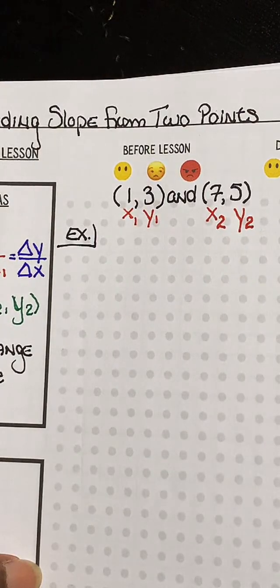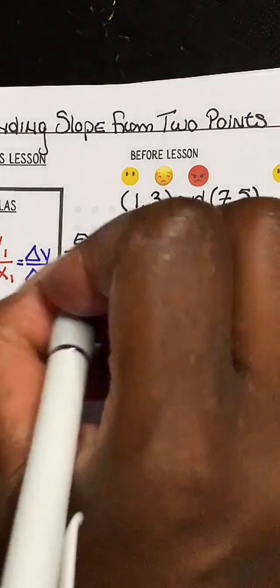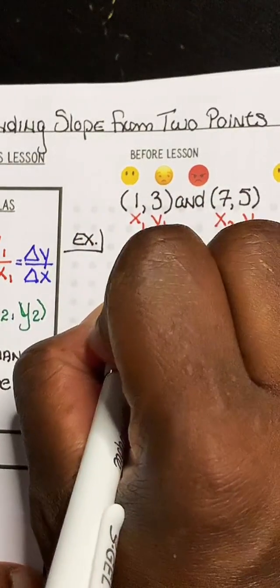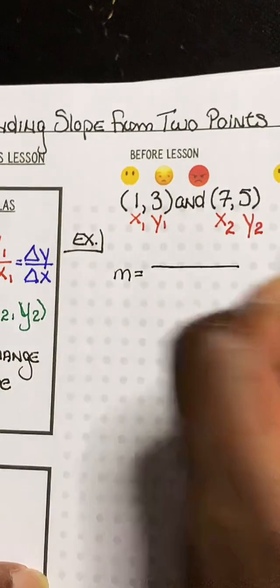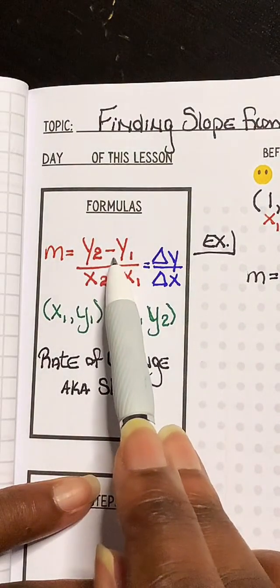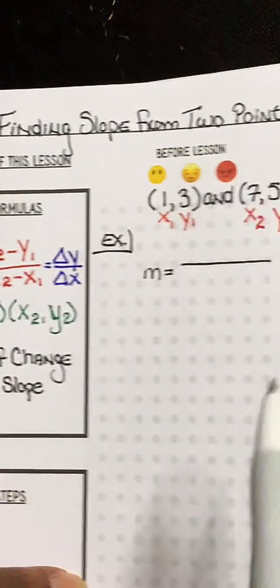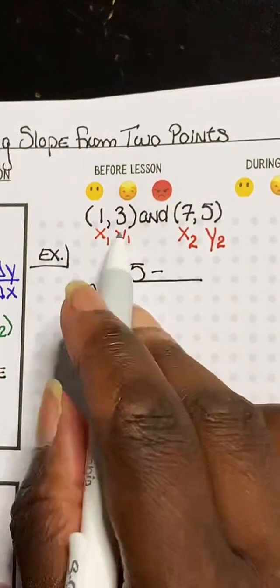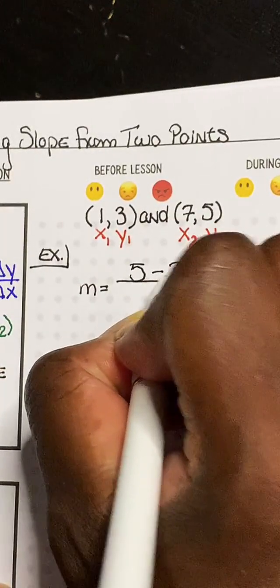So as we are setting this up, it's always going to be the difference of those values. So if we notice here, we have our y2 minus my y1. So my y sub 2, which is our 5, minus my y sub 1, which is 3.